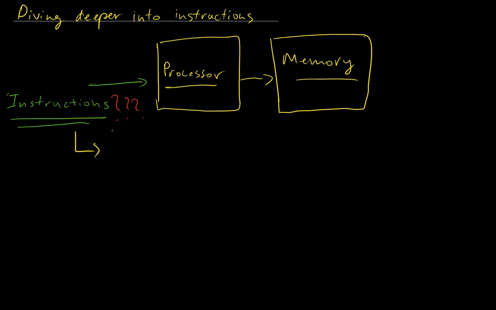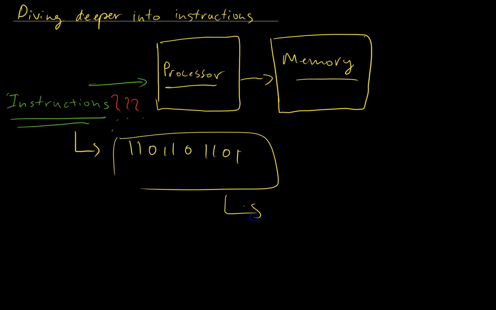From now on, I'm going to assume you've watched those videos, or you know what binary is, and you also know that information within a computer is represented as a sequence of ones and zeros, and instructions are just another type of information within a computer, so they too are just combinations of ones and zeros that the designer of the processor deems appropriate to interpret as instructions.